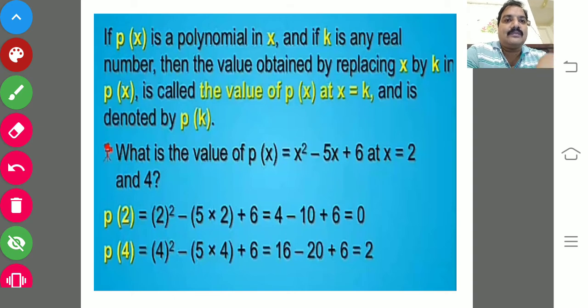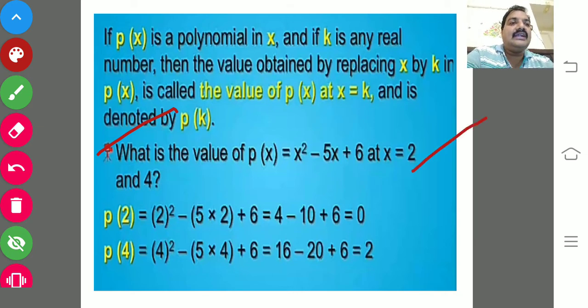So here are some examples. What is the value of p of x equal to x square minus 5x plus 6 at x equal to 2 and 4? At two places you are going to find. At p of 2, what will you do? Where in the algebraic expression is the variable x?